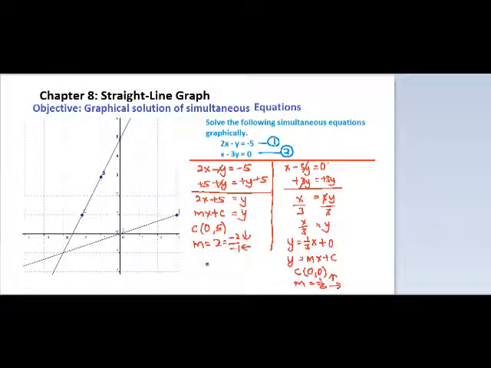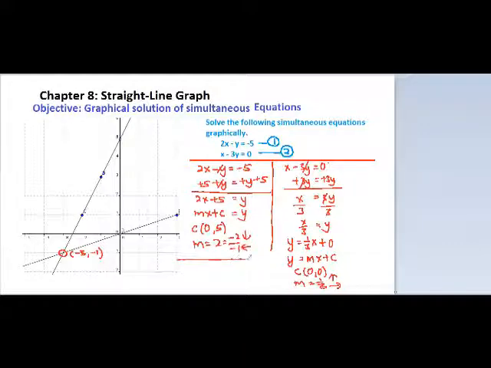Well, look at the graphical representation of both equations. It is very obvious that the two lines are common at this point, and the coordinates of this point are -3 and -1.